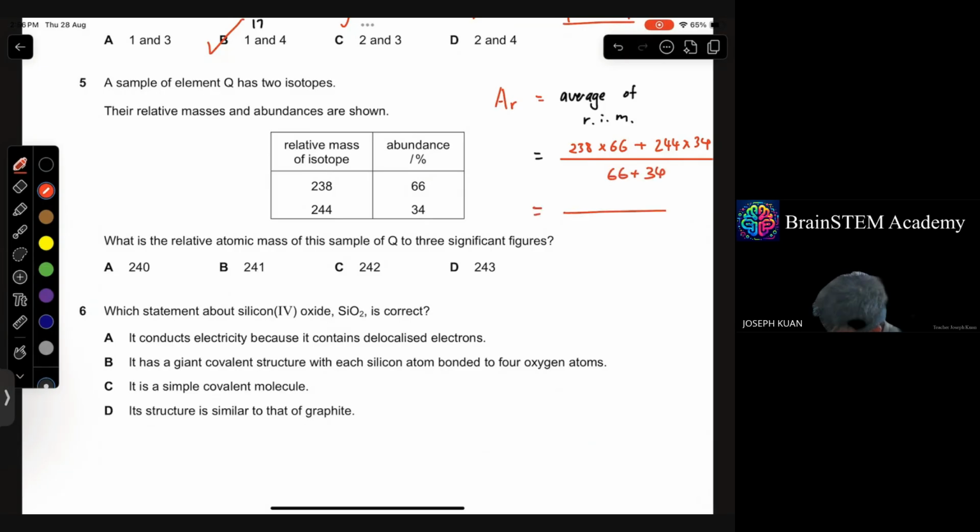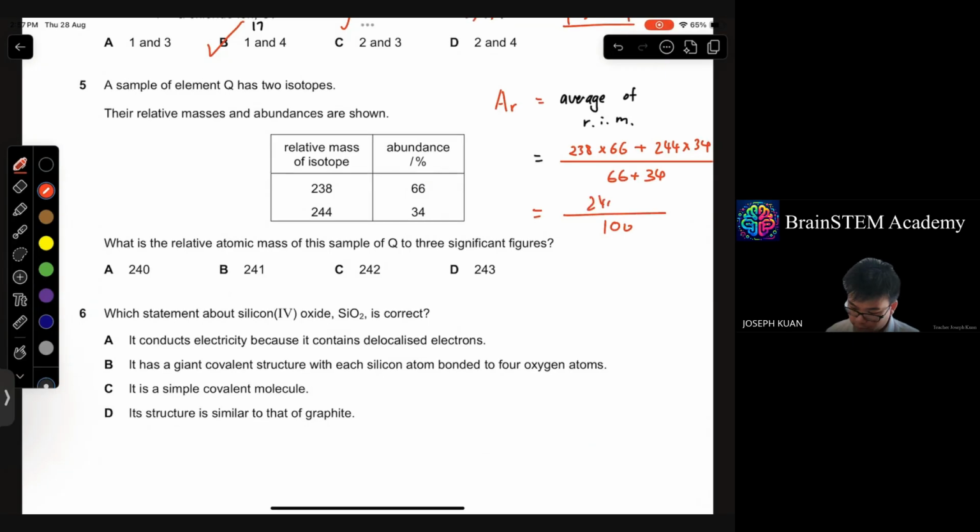By using your calculator, we should be able to find out that the numerator is 24004. So after calculation and adjusted to three significant figures, this value is 240. So the answer is A.